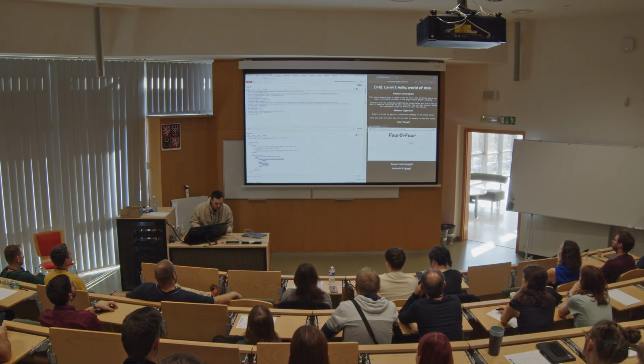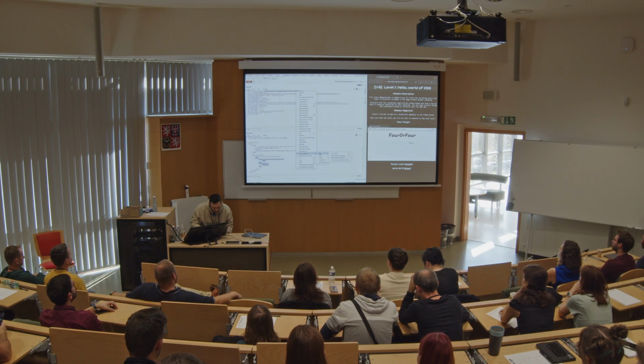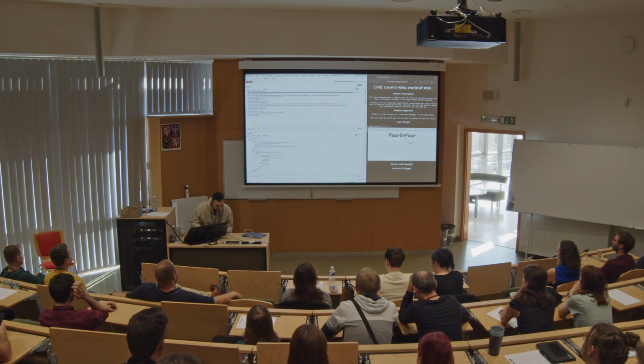Now I believe it should work. Let me just encode it into URL. Okay, there you go. And if I click Send, we can see that it's highly likely this would work.